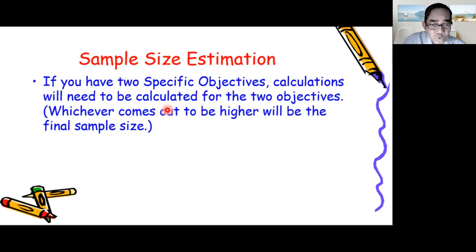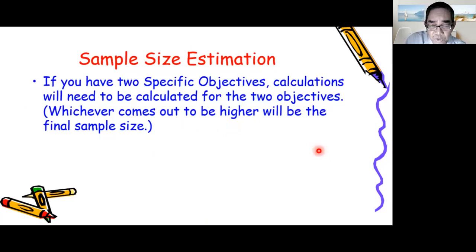Now, if you have more than one objective, calculation will need to be done for each of the specific objectives. If you have two specific objectives, whichever comes out to be the higher will be the final sample size. So let me repeat that. We calculate the sample size for each objective.